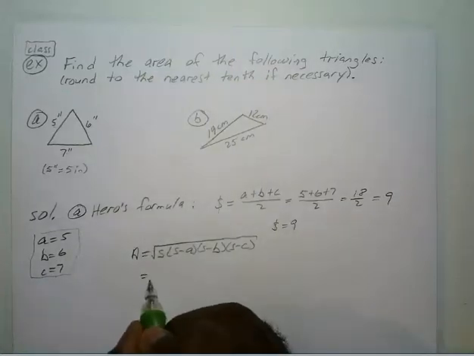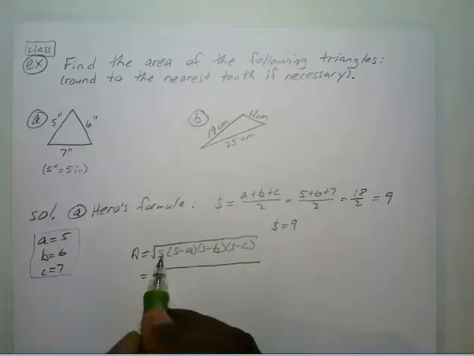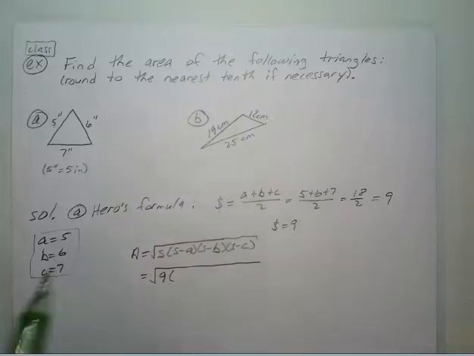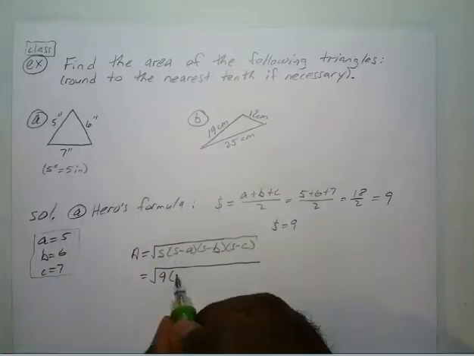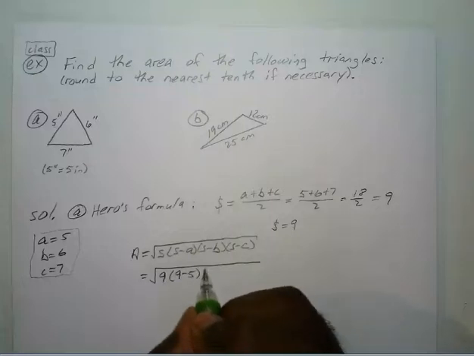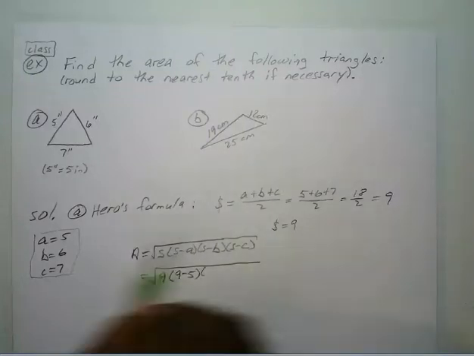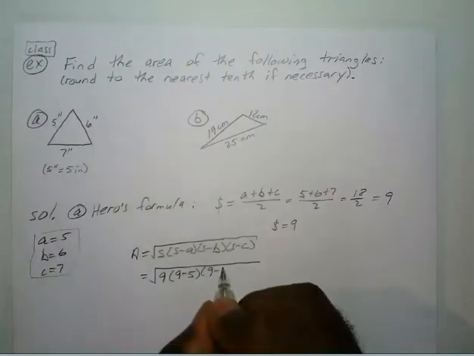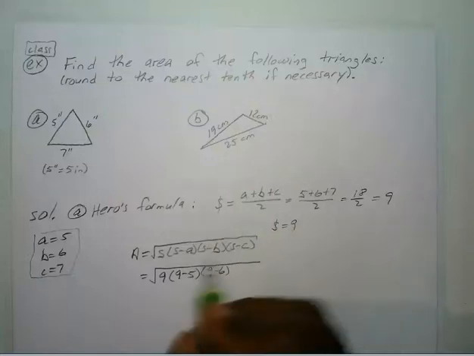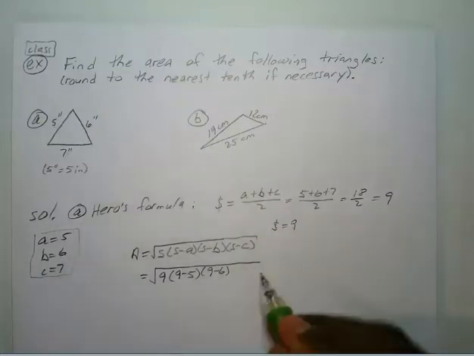So that's going to equal the square root of S, which is 9, times S minus A, so that's 9 minus 5, times S minus B, so that's 9 minus 6, times S minus C, which is 9 minus 7.